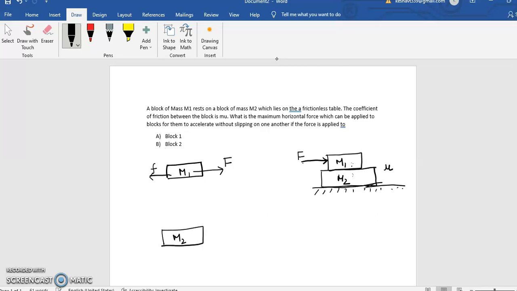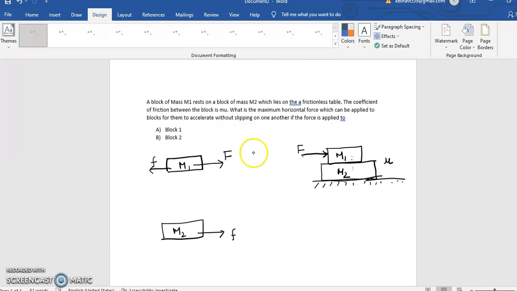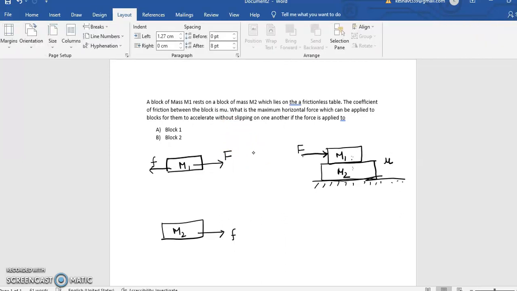This is M2. As M2 has provided the frictional force to M1 in the backward direction, according to Newton's law, the frictional force small f will act on M2 in the forward direction. Now let me write the equations of motion for M1 and M2. Let me write the Cartesian system: the forward direction is positive.